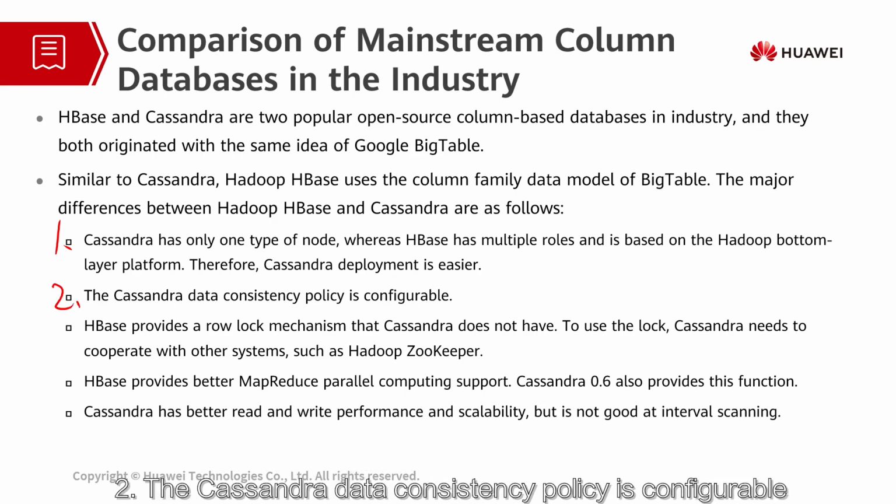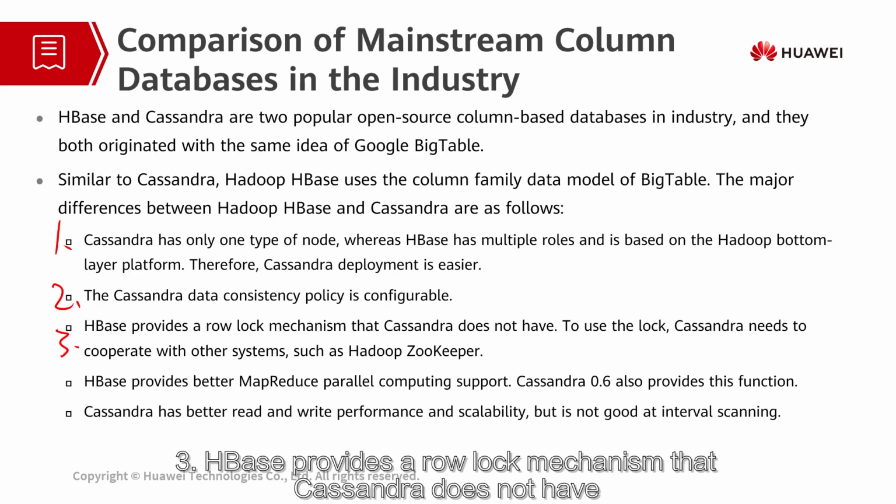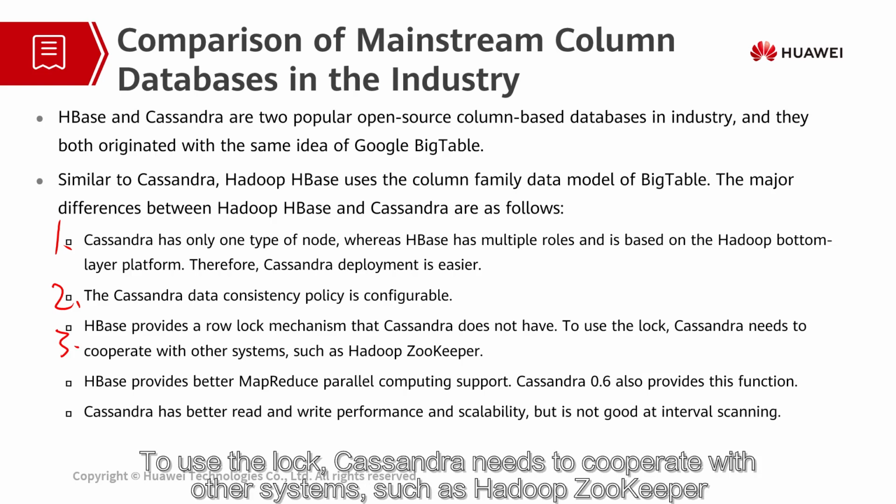Secondly, the Cassandra data consistency policy is configurable, while HBase loses overall consistency policy in many cases. Thirdly, HBase provides a row log mechanism that Cassandra does not have. To use the log, Cassandra needs to cooperate with other systems, such as Hadoop Zookeeper.